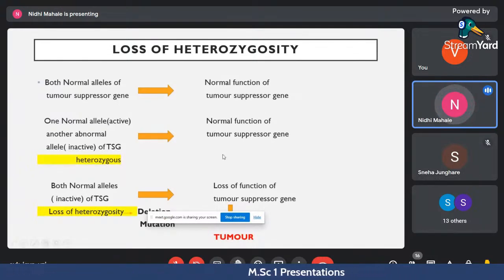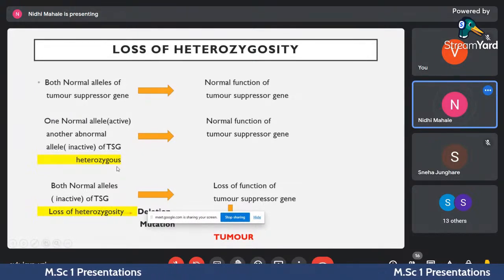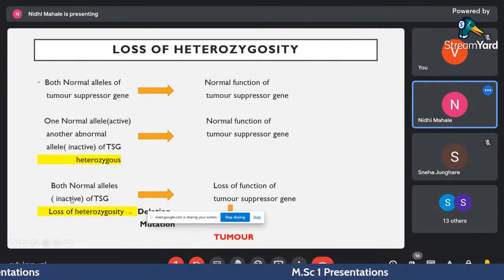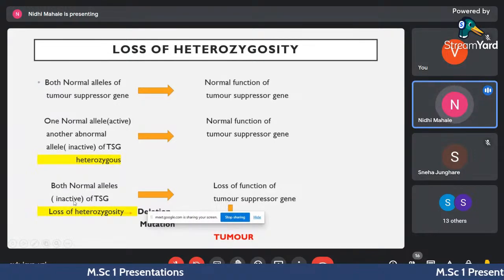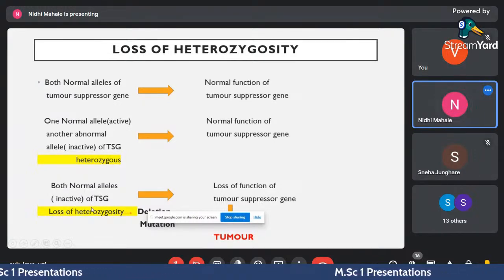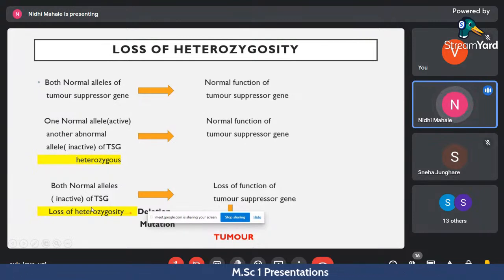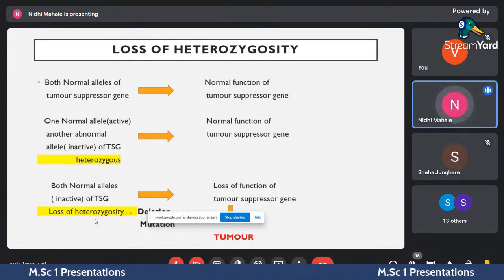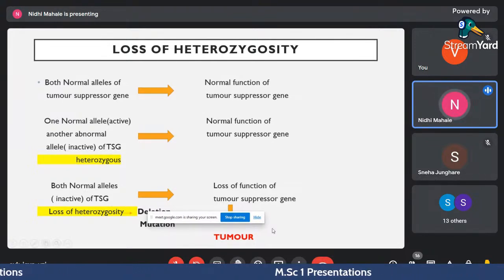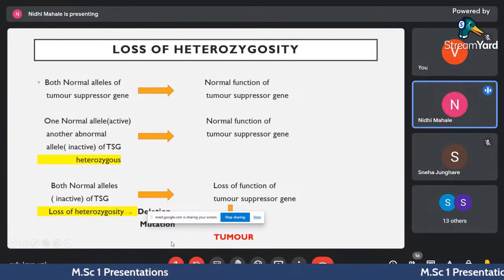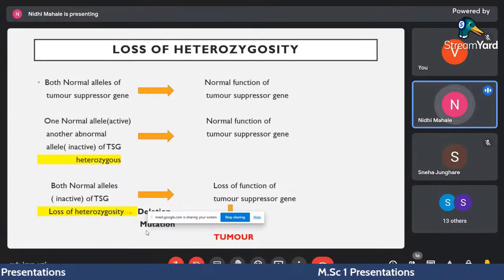All we need is only one normal allele of a gene. Now, if both of these alleles are abnormal and inactive, then there is loss of function of the tumor suppressor gene, which causes proliferation of cells, resulting in formation of a tumor. This condition of loss of heterozygosity is mainly caused by either deletion or mutation in the tumor suppressor gene.